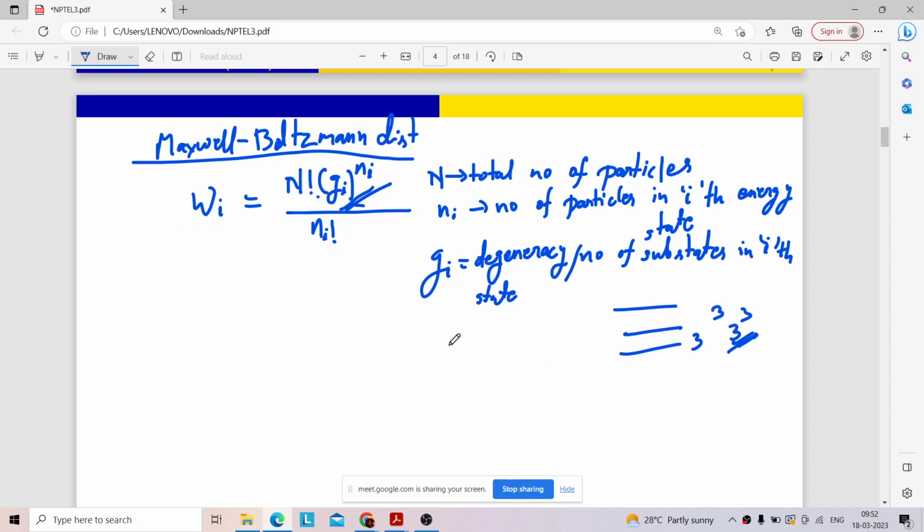There are some arbitrary number of energy states and we are considering only the ith state and calculating the number of microstates for it. Similarly there will be another state i plus 1. So the total number of microstates will be the summation over i of Wi. So this is the formula for classical gas.